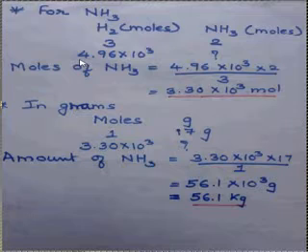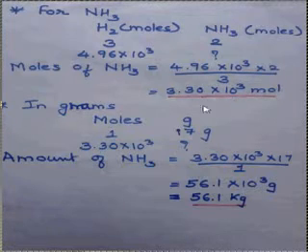So if we have 4.96 into 10 raised to 3 moles of H2, how many moles of ammonia will be obtained? So moles of ammonia is equal to 4.96 into 10 raised to 3 into 2 divided by 3. On calculating we get 3.30 into 10 raised to 3 mole.